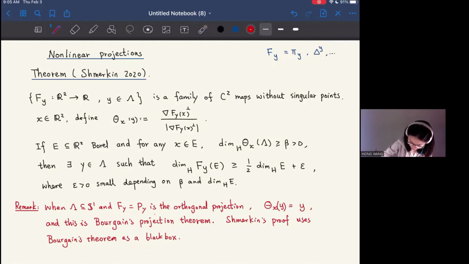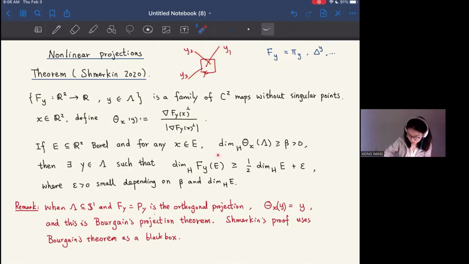And at the beginning, when we discussed the relation between distance sets and orthogonal projections, we had something like this: this is x, and then y1, y2, y3. So we want a lot of directions from x to other points.